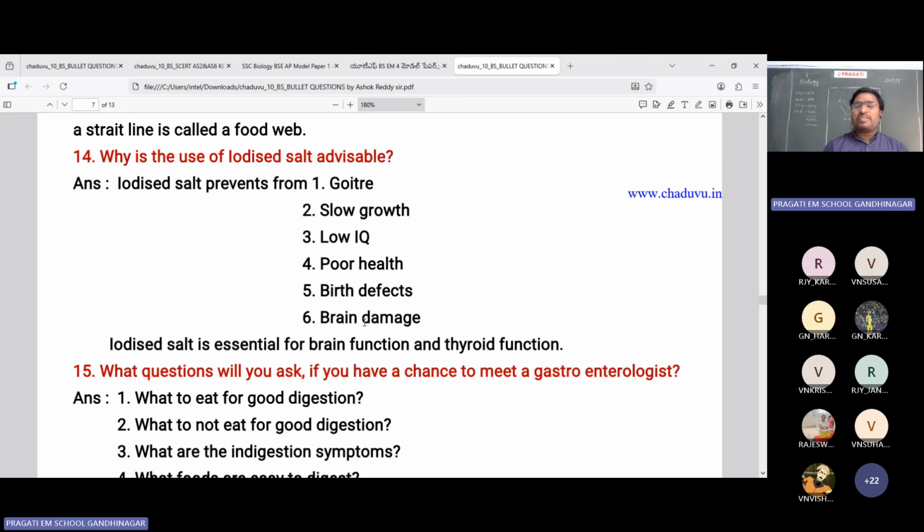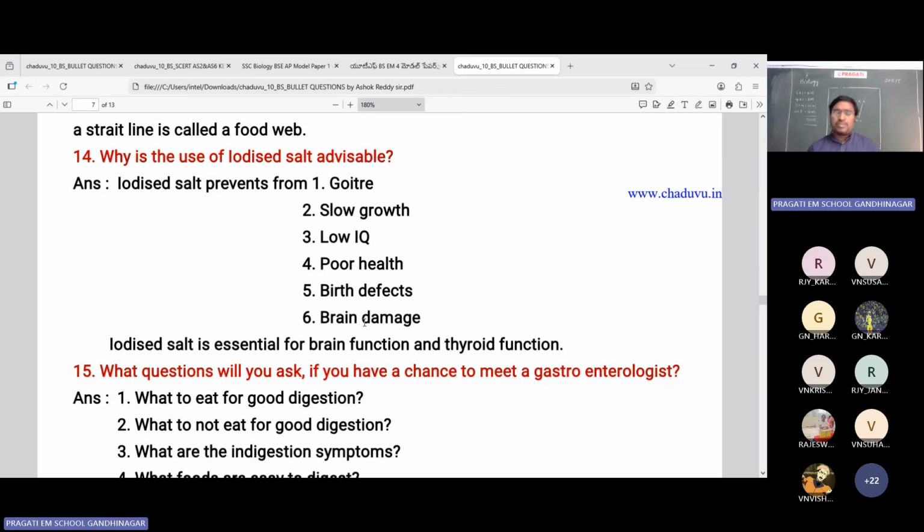It is advisable to prevent goiter, to prevent slow growth and low IQ, so persons must take iodine. It prevents poor health, birth defects, and brain damage. So iodized salt is advisable for brain function and thyroid function.